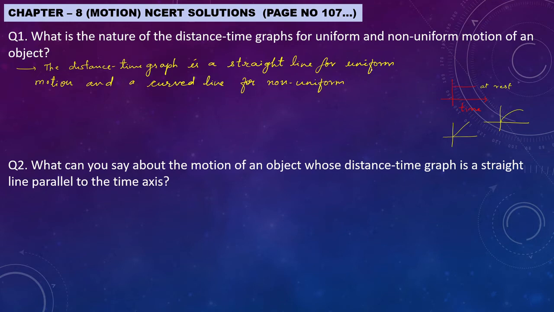Whenever a straight line is there, we call it uniform motion, and if a curve is there, we call it non-uniform motion.